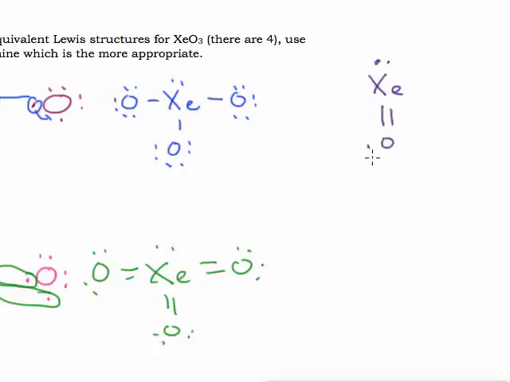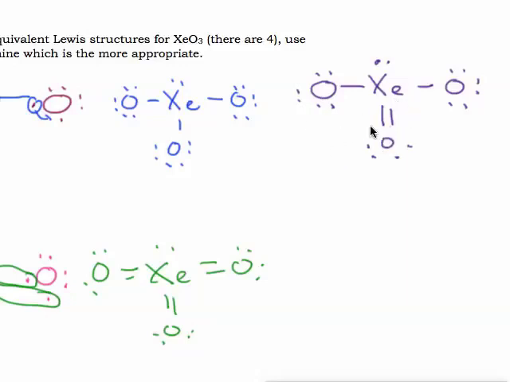Now there are two resonance structures of this that we're not going to draw because they're equivalent. We could have the one double bond here and these both be single, or one double bond here and these both be single. So that's what we mean by non-equivalent, not resonance structures of each other.